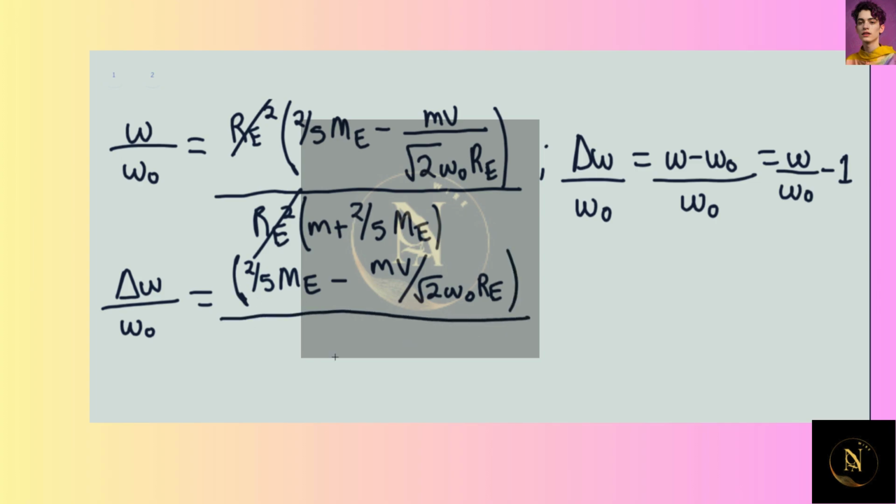And then this term would be divided by the mass of the meteorite plus 2/5 times the mass of the Earth, minus 1.